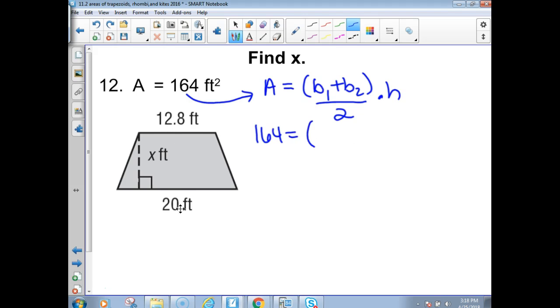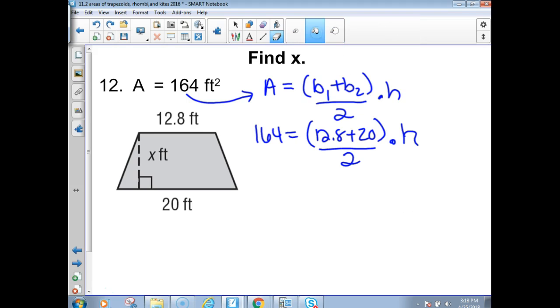I've got the bases, so I put in 12.8 plus 20. The formula says to divide the sum of the bases by 2 and then multiply by the height, and I don't have the height. Because the picture has an X, I could put an X in there. Or H.